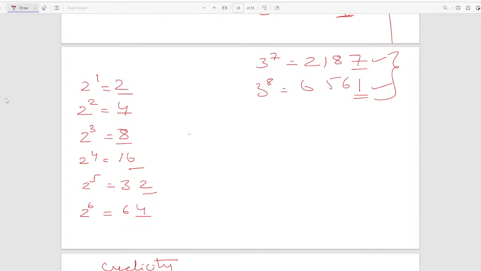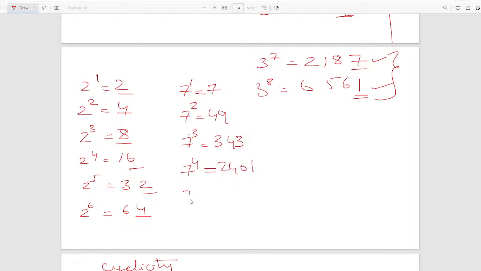7 to the power of 1 is 7. 7 square is 49. 7 cube is 343. 7 raised to 4 is 2401.